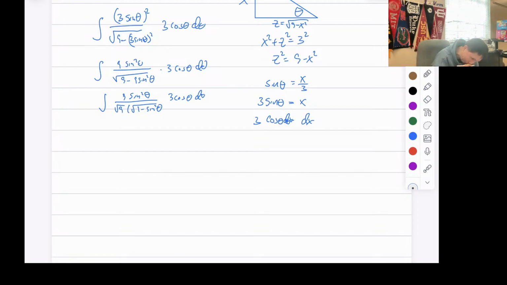I think you had it. 9 minus x squared is 23. 9 minus x squared. No. It's not the R. What do you get? It should be fit in again.